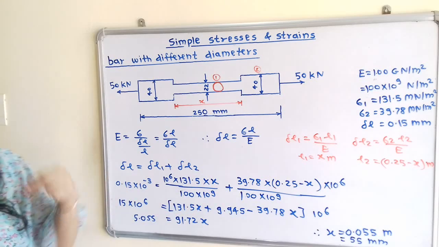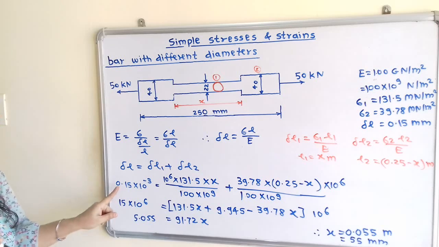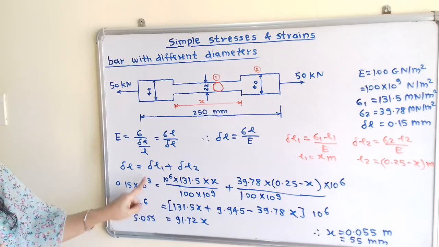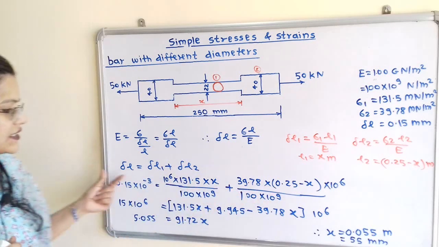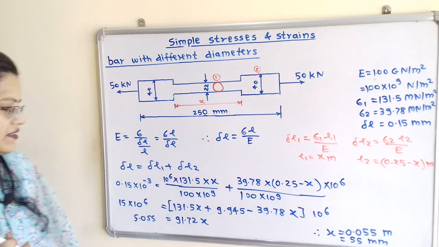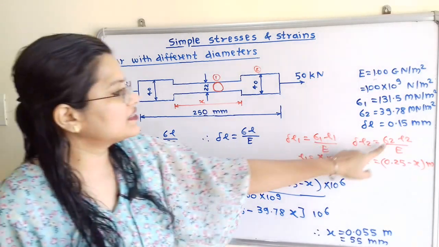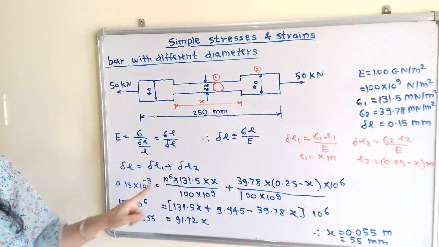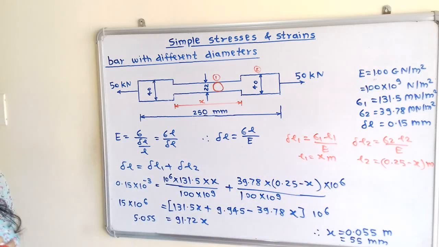Delta L is mentioned in the question: the total elongation is 0.15 millimeter, that is 0.15 into 10 raised to minus 3 meter. If we solve this, we will get the value of x. The values of sigma 1 and sigma 2 are in mega Newton per meter square, so we convert them into Newton per meter square by multiplying with 10 raised to 6.